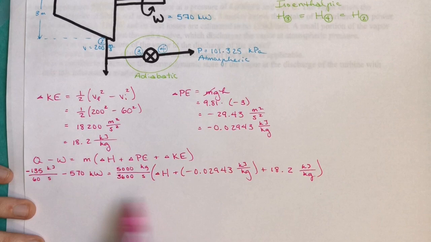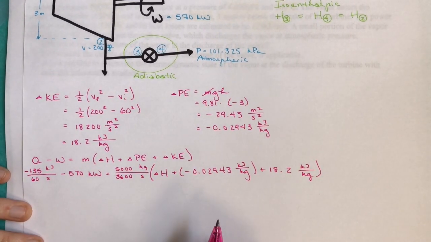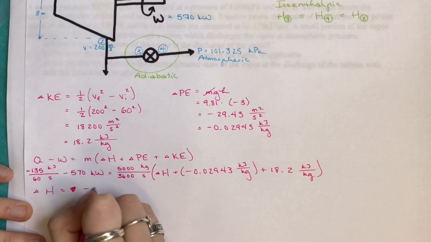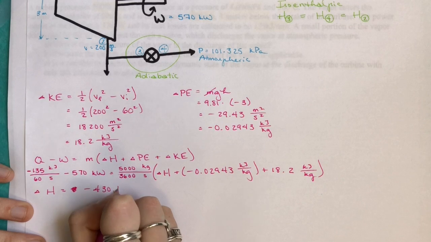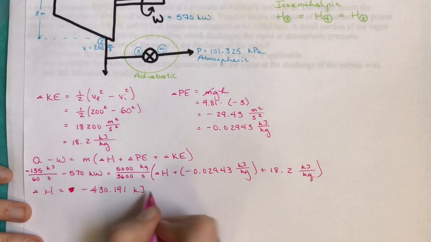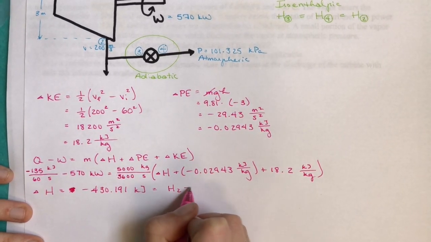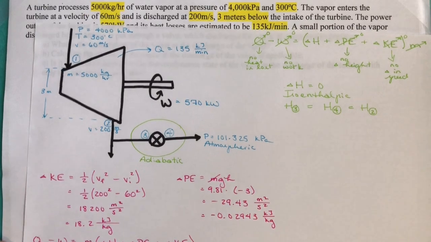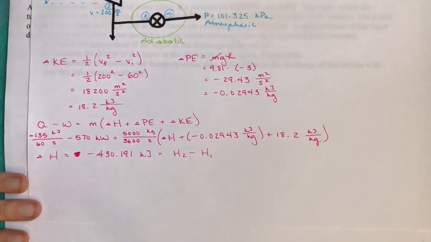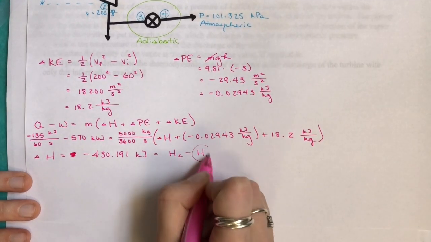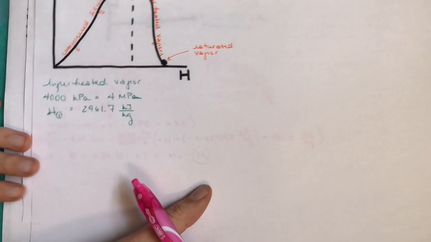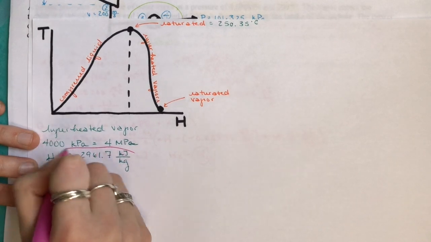So now we're just going to plug all this into our calculator to eventually see that delta H equals negative 430.191 kilojoules. Now, as we know, this is equal to H2 minus H1, the enthalpy at position 2 minus the enthalpy at position 1. Okay. We know the enthalpy at position 1 from when we calculated it back over here on this table. So we already know this value.